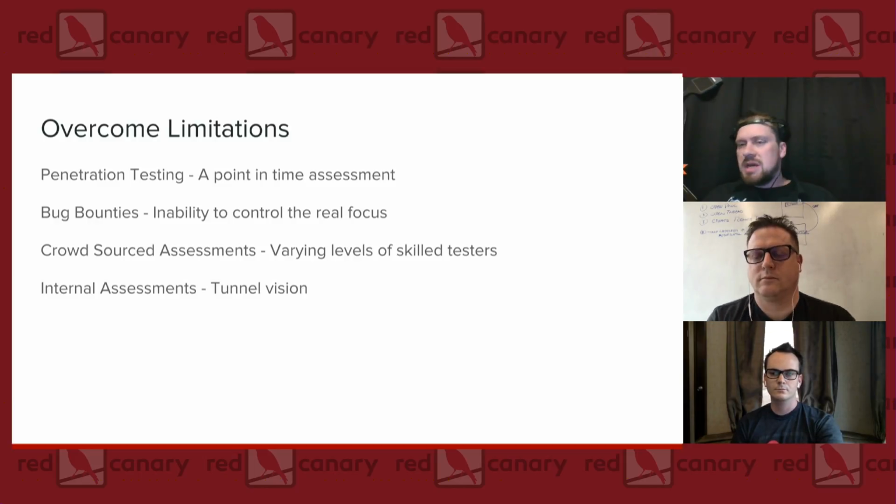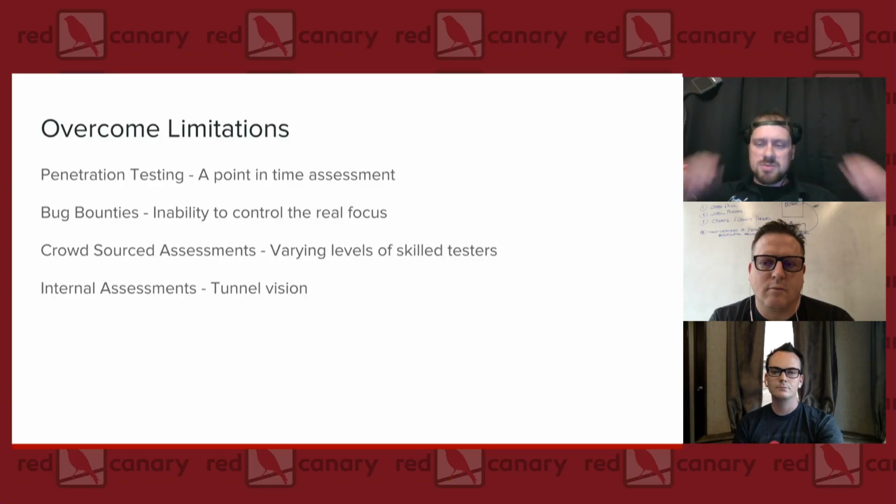Well, that was garbage. That was people trying to prop up vulnerability assessments and saying they were applicable to do absolutely everything. Now I see pen testers looking at bug bounty programs and saying bug bounty programs are garbage because they're not comprehensive and you won't be able to control where the attackers are going. That's not to say that pen testing or bug bounties are worthless. We need to sit back and ask what the limitations of these different assessment approaches are, and try to mitigate those weaknesses.